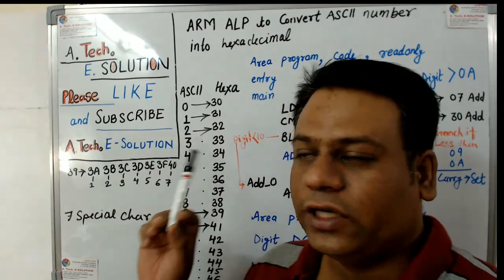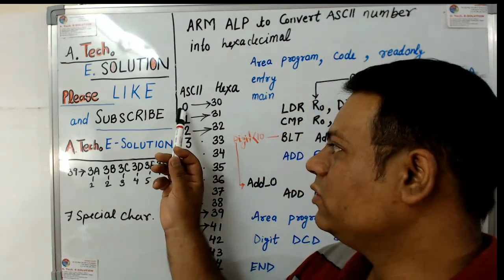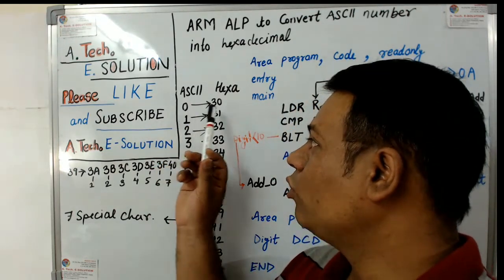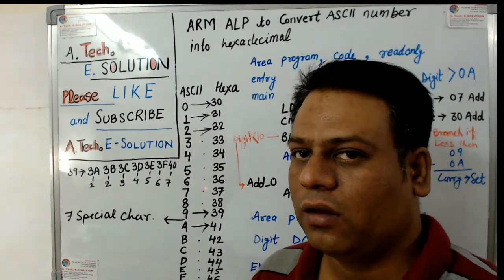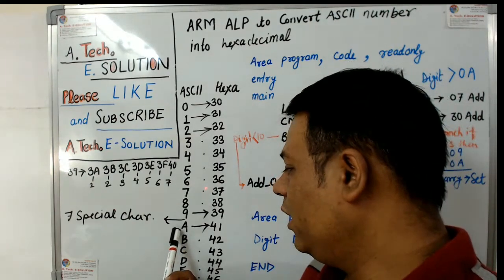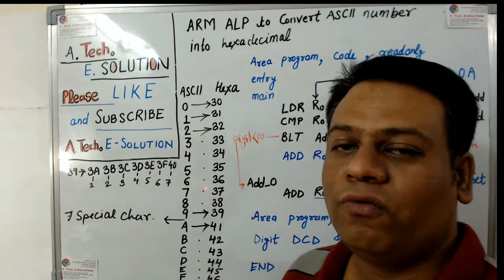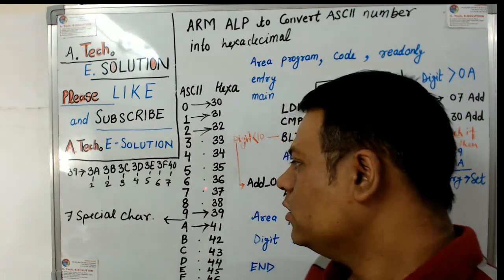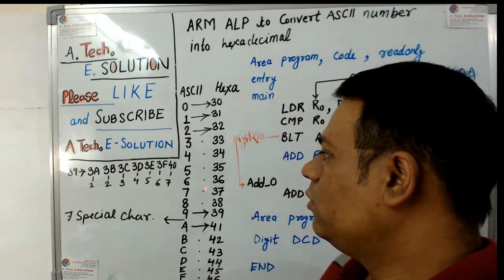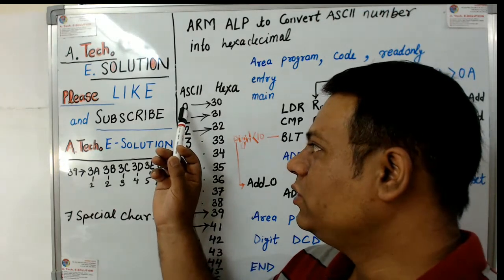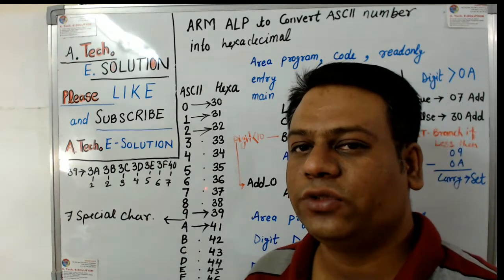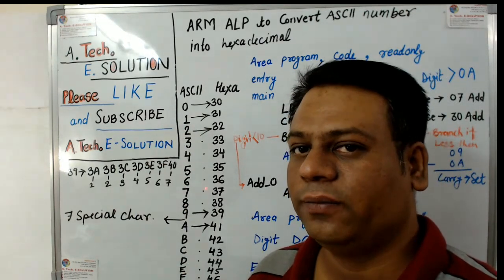So the logic is, if we enter 0 as an ASCII character, we have to show output 30 in hexa, and if we take input 0A, we have to show output 41 in hexa. So what is the logic behind this program? If we enter ASCII characters from 0 to 9, we have to simply add 30 to that number.